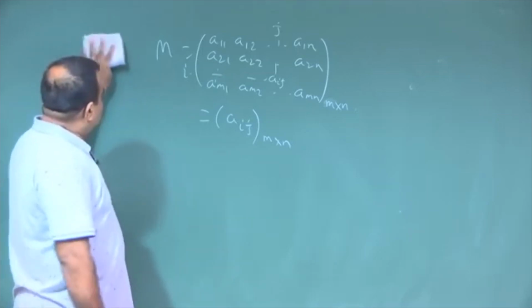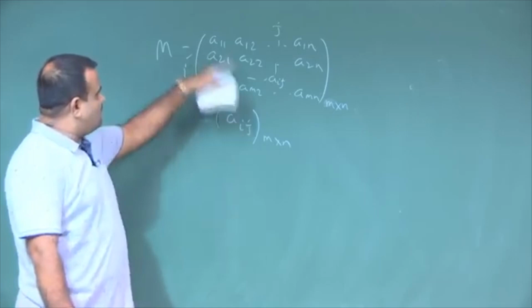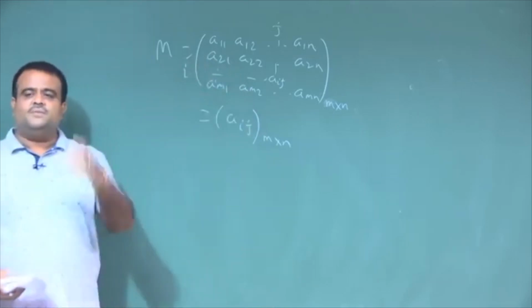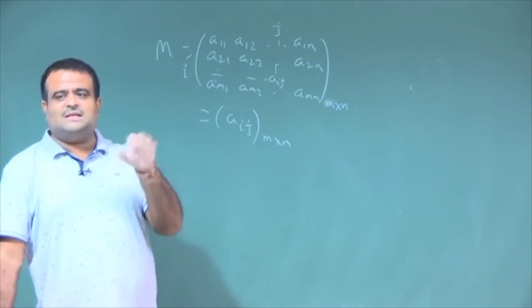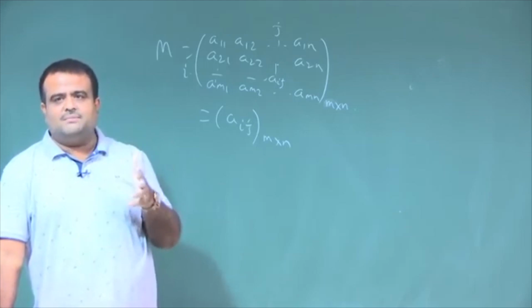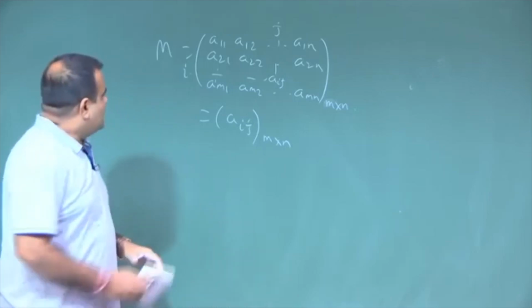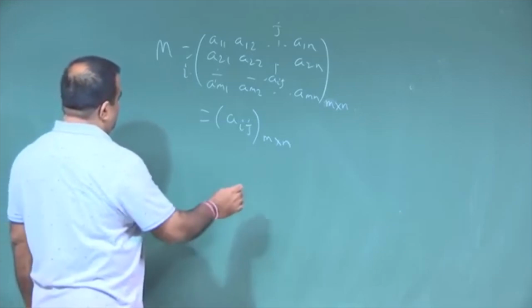Now, we consider the collection of all such matrices, where these entries are coming from any field. For simplicity, let us take them from the real numbers. So, this is a real matrix. Then we can define a plus over these matrices.